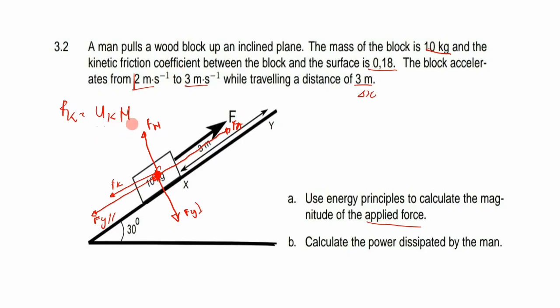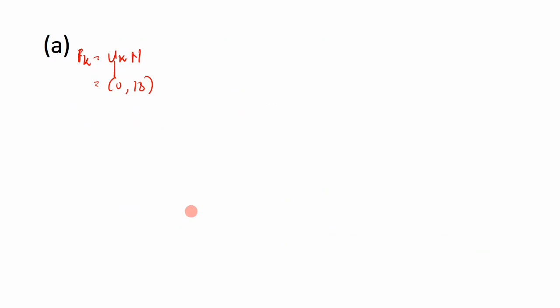Now let's start calculating. So we have Fk is equal to mu k times N. Now to calculate Fk, our mu k is 0.18. Then what is our normal force? Looking at our free body diagram, we can see that on an incline, the normal force is equal to the Fg perpendicular. So in order to find the magnitude of the normal force, we say normal force is equal to Fg perpendicular. But Fg perpendicular is mg cos theta.